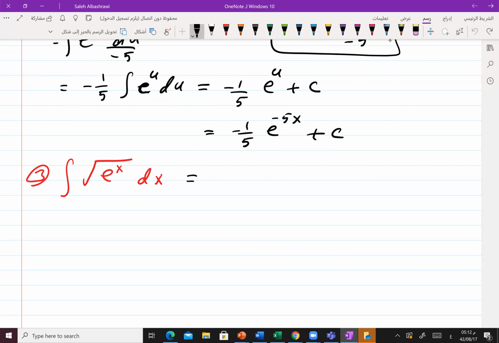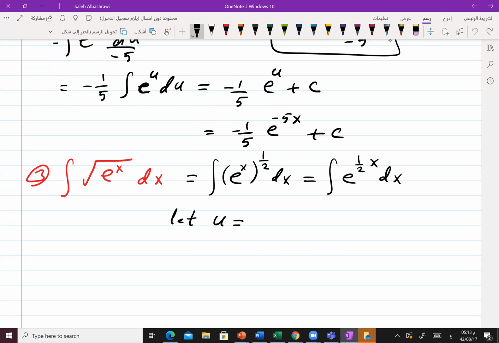So this can be rewritten as (e^x)^(1/2) dx, which is equal to e^(1/2 x). Multiplying the powers x and 1/2, I will get x over 2. So again, by the u substitution, I will let u equal 1/2 x.